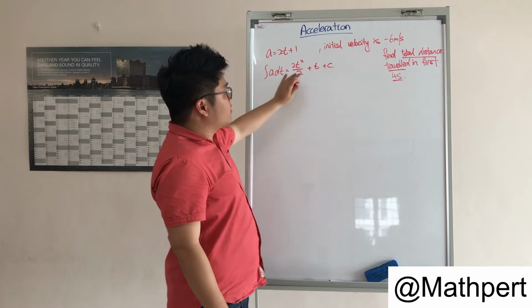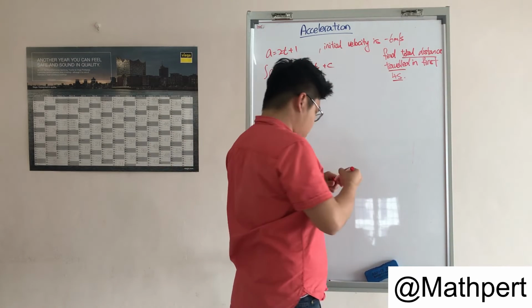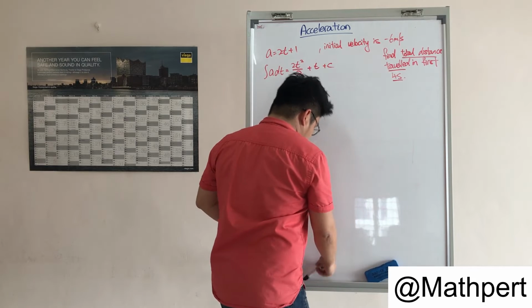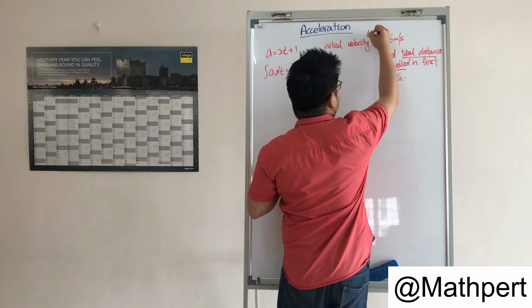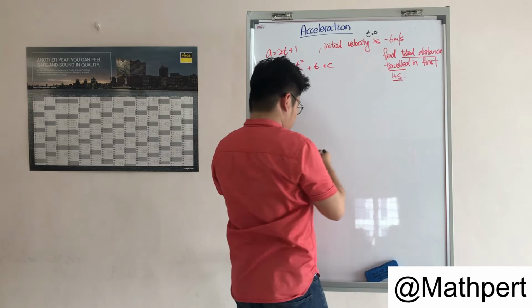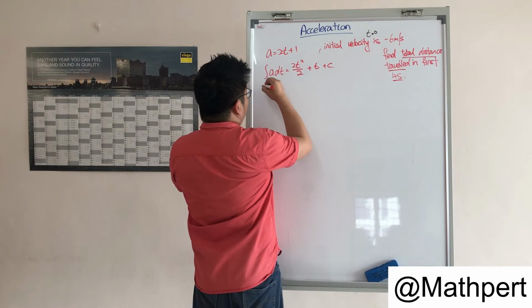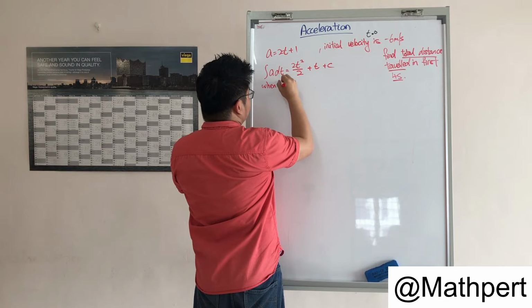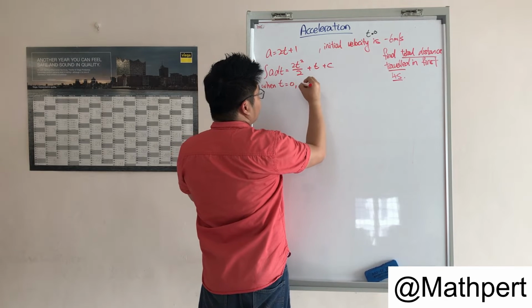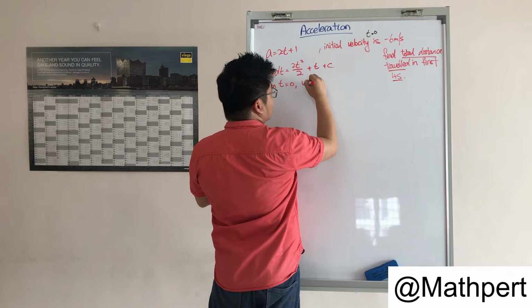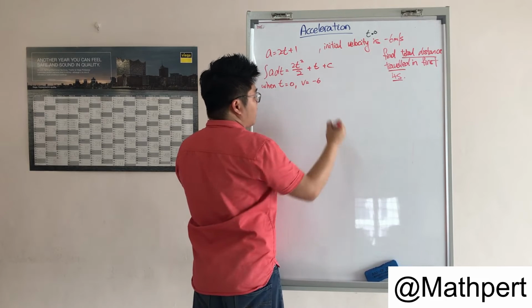Then we are told that the initial velocity is negative 6 meters per second, meaning when t = 0, v = -6.